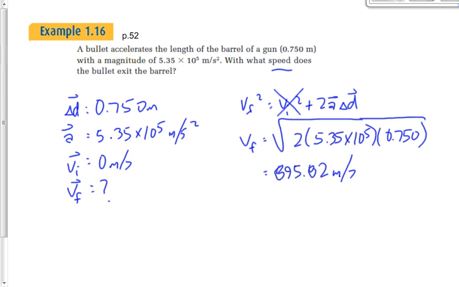Now, how many digits should it be? What's my worst piece of data? My least precise piece of data? If 0 doesn't count, 1, 2, 3 digits, 1, 2, 3 digits. Final answer should be 3 digits, 896 meters per second. Right? If I'm not any more certain than 3 digits for these pieces of data, then I can't be any more certain than 3 digits for my answer.